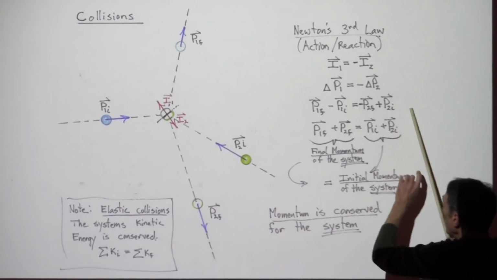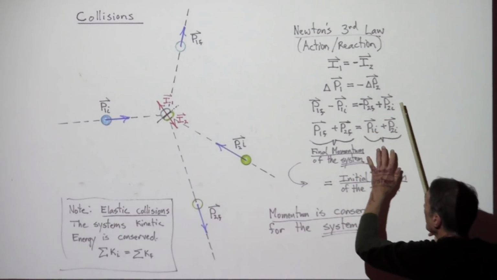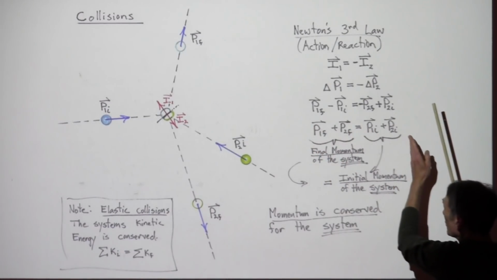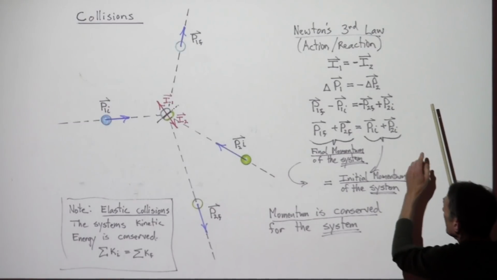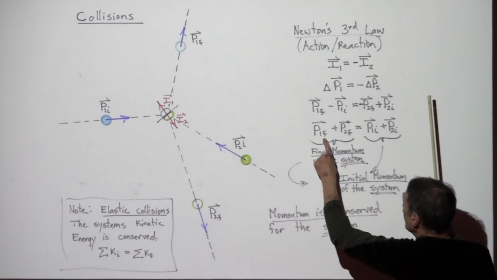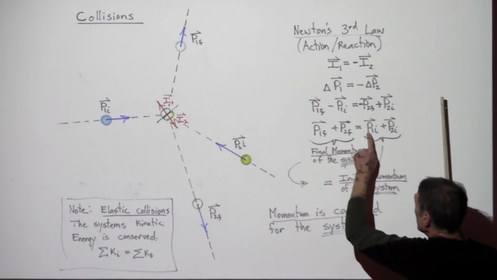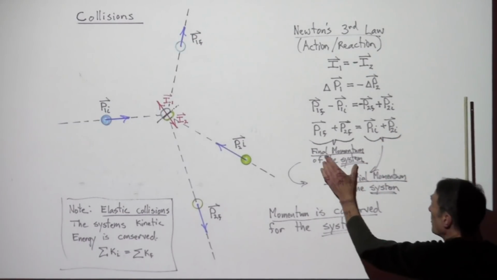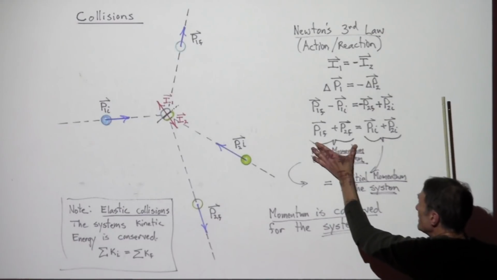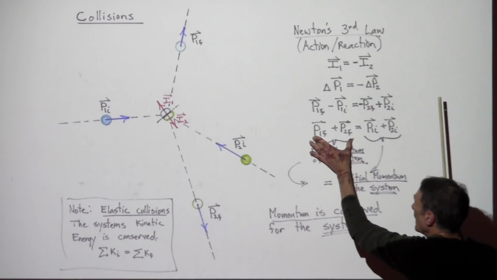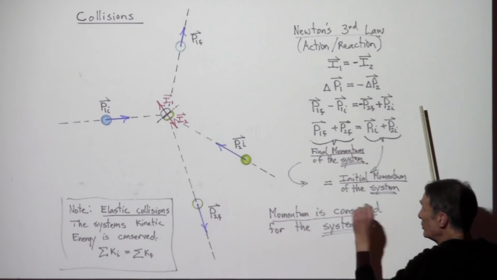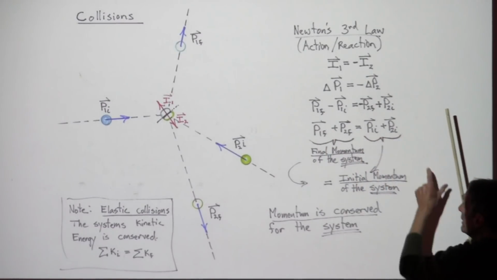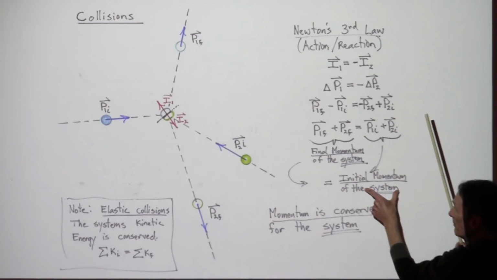If we move all the final terms over to one side and the initial terms to the other side, we have P1 final plus P2 final is equal to P1 initial plus P2 initial. This is the final momentum of the system, the two of them taken together, and that should equal the initial momentum of the system.